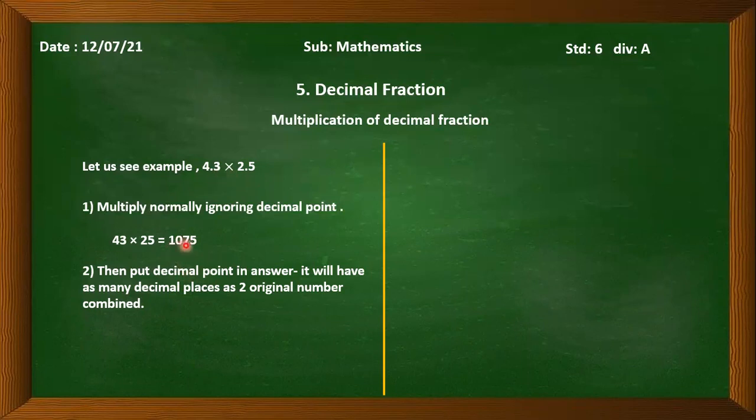Now you have an answer, right? 43 multiplied by 25 is equal to 1075. So we will put 4.3 multiplied by 2.5 here, and we will write the answer 1075 as it is. So I will tell you how this 10.75 comes.